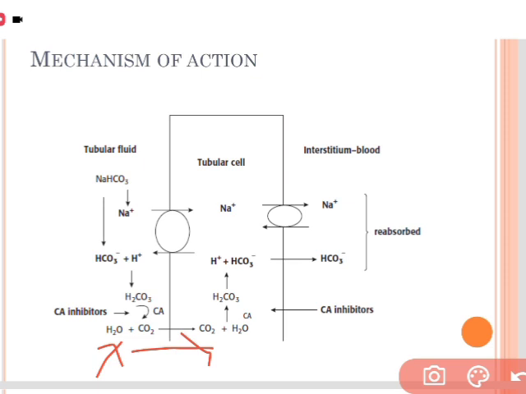When it diffuses, with the help of this carbonic anhydrase enzyme, it gets converted into H2CO3, that is the carbonic acid. Right? Now this carbonic acid dissociates, or splits, into H+ and HCO3-, that is the hydrogen ion and bicarbonate ion.